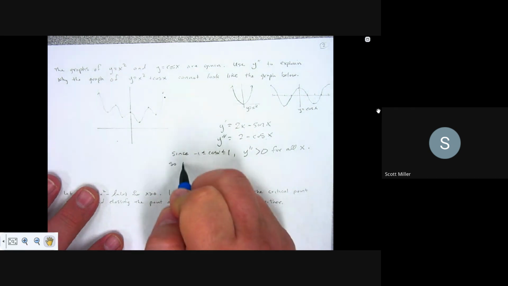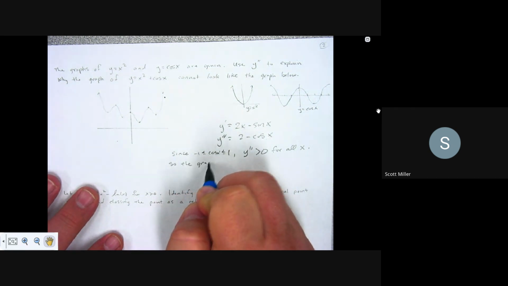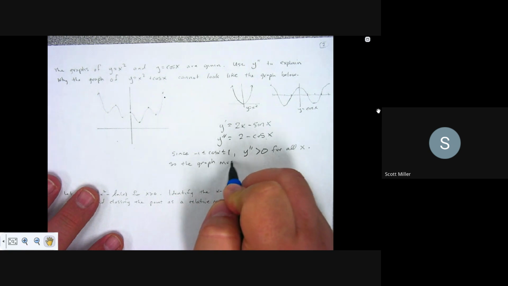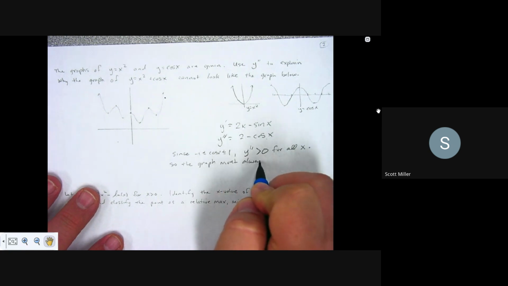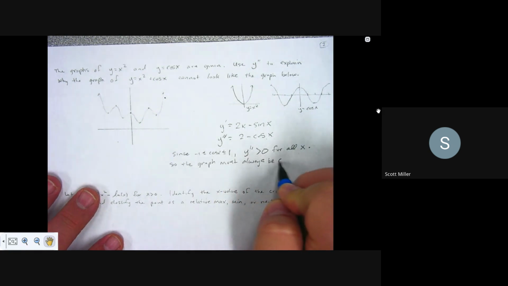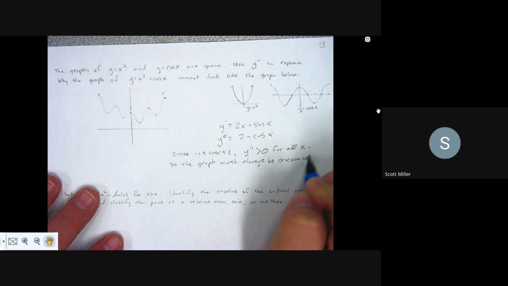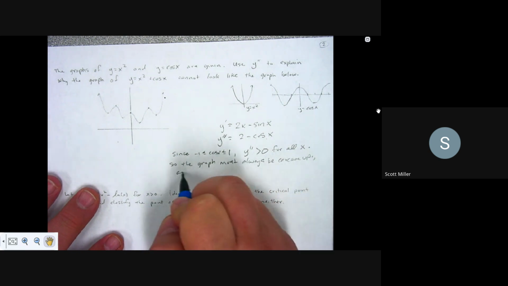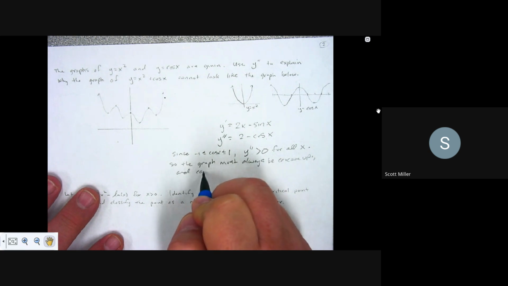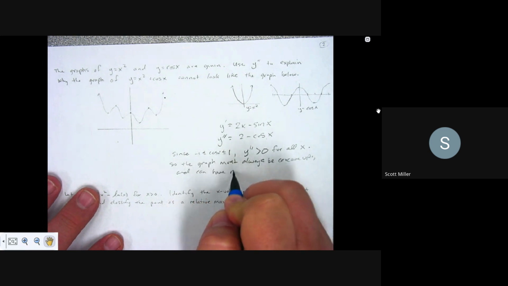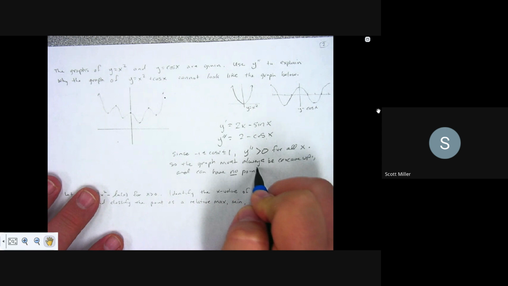So this means that the graph must always be concave up and can have no points of inflection.